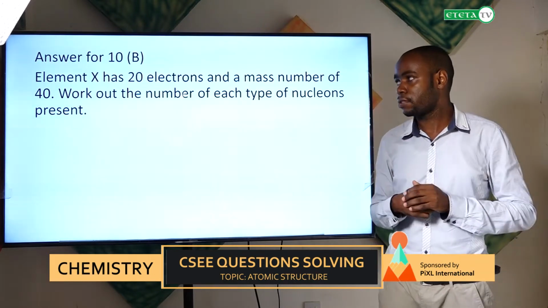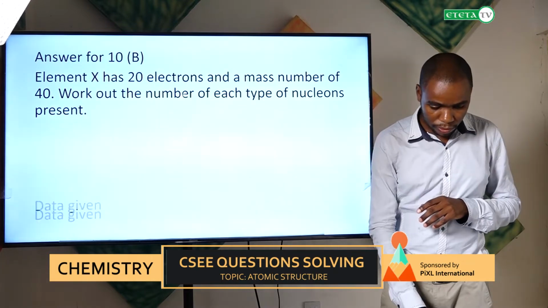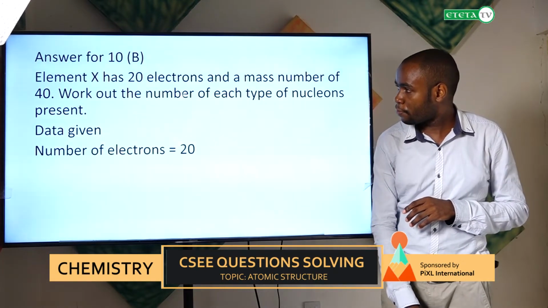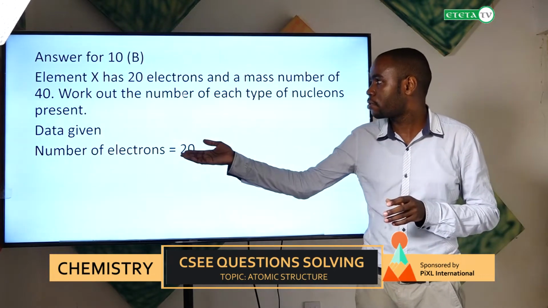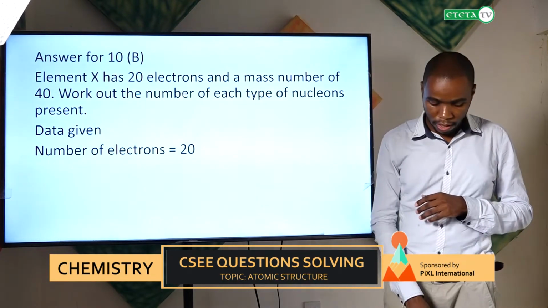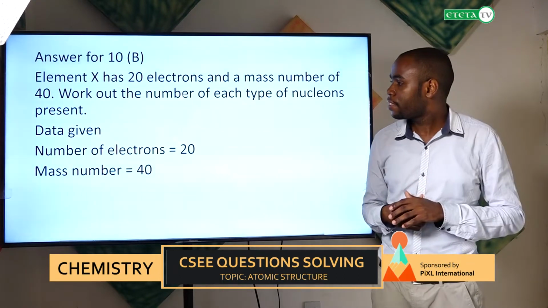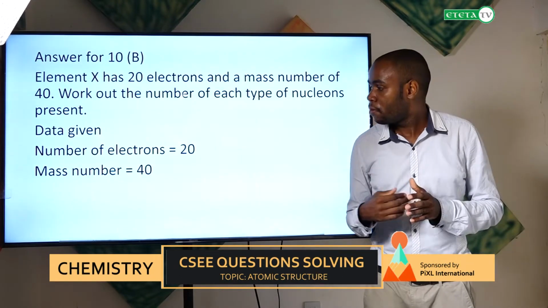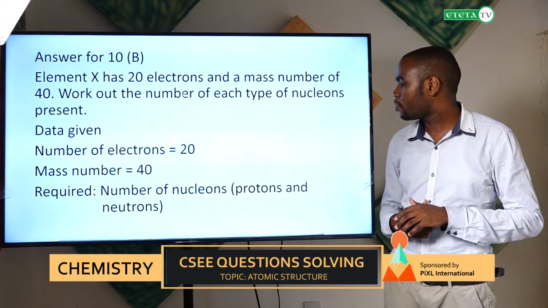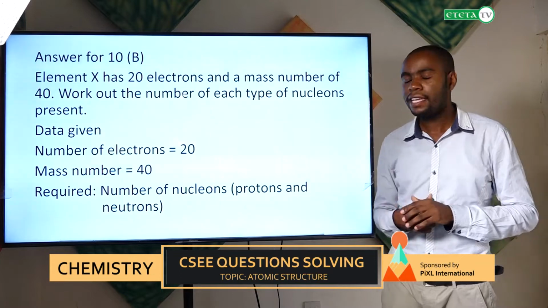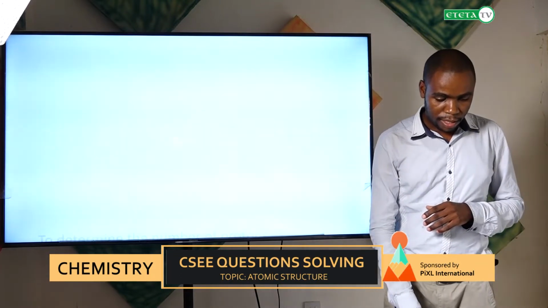To answer this question, first of all, you have to write the data which you have been given. Here, you have been given the number of electrons, which is equal to 20. Also, you have been given the mass number, which is equal to 40. So what is required here is the number of nucleons, I mean the number of protons and neutrons.